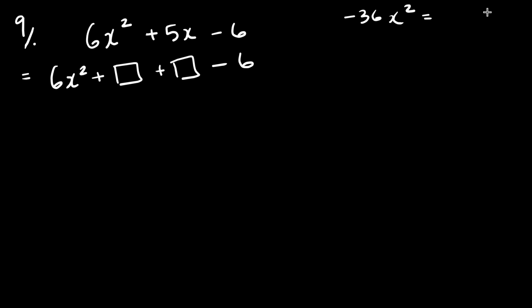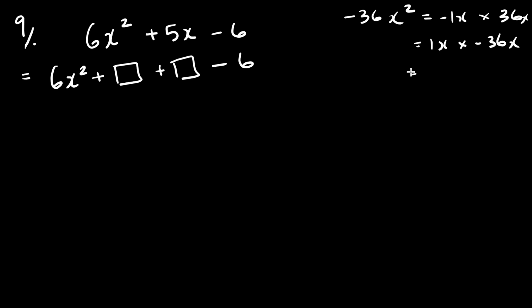Let's write down the factors. But importantly, this is negative. So one of the factors is positive and one must be negative, because the only way to get a negative product is to multiply a positive term by a negative term. So I could go negative 1x times a positive 36x, or vice versa.